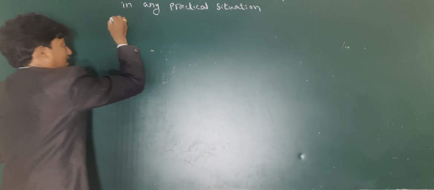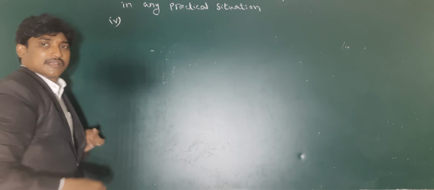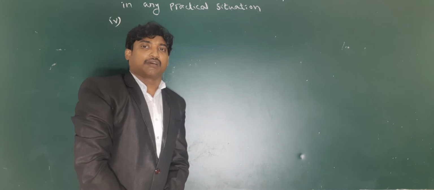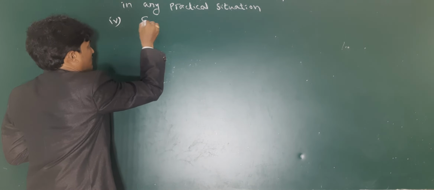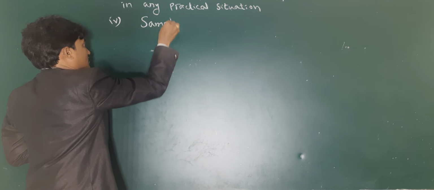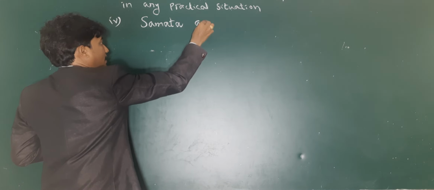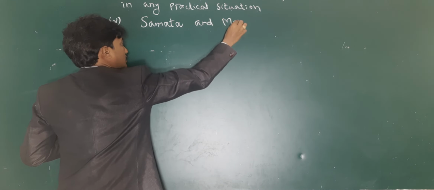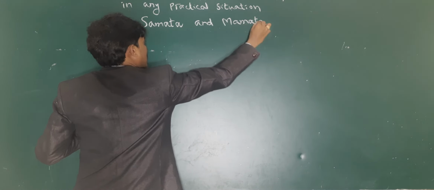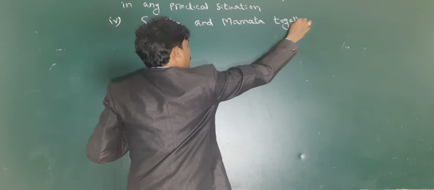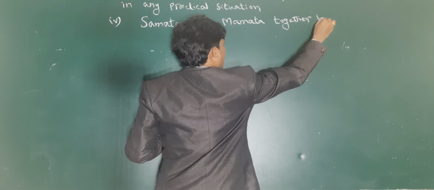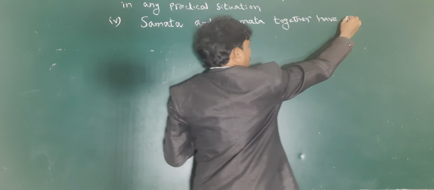Let us take an example. Samata and Mamata together have 10 marbles.